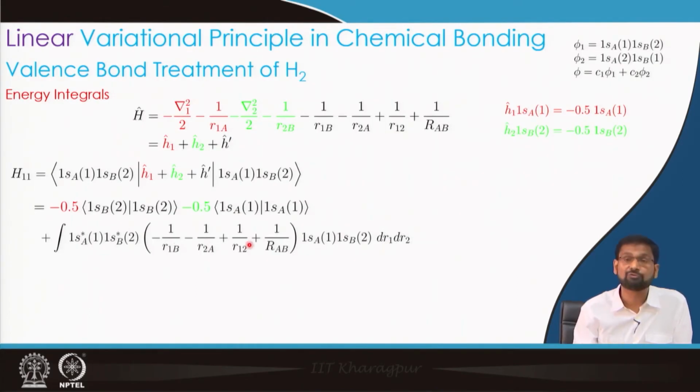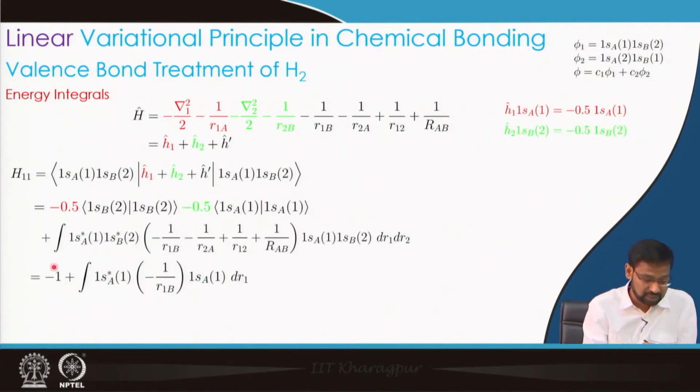Now, I have got 4 such integrals. I will do that step by step. So, which is now these 2 terms h1 and little h2, they give me minus 1. And now, first I am considering the effect of this 1 over R1b. I will come to these remaining 3 terms in a moment's time, but first let us look at R1b.